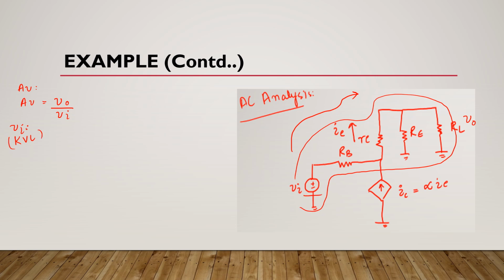It will be minus Vi plus, we know that here small signal base current is flowing in this direction.